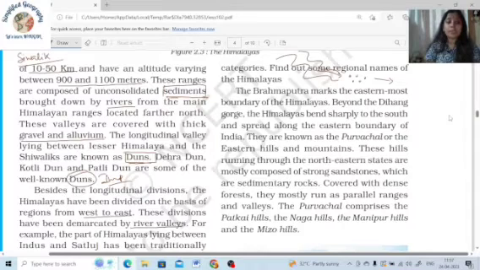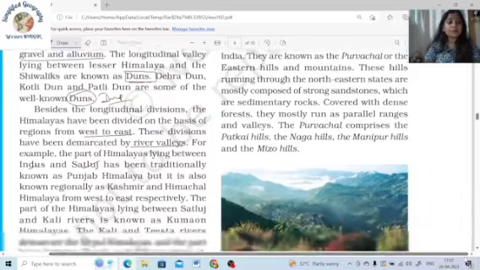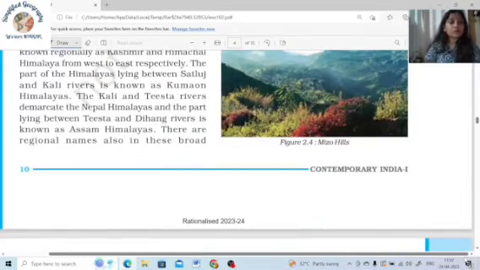For example, the Indus and Satluj have traditionally been known as the Kashmir and Himachal Himalaya from west to east respectively. The part of the Himalayas lying between the Satluj and the Kali river is known as the Kumaun Himalaya. The Kali and Tista rivers, Nepal Himalaya. Tista and Dihang, Assam Himalaya. So with the help of rivers also we can classify.